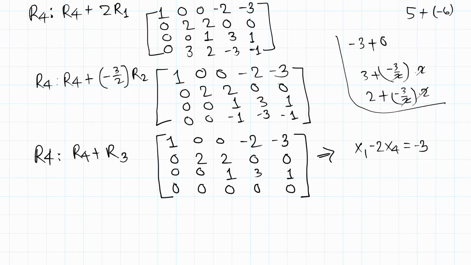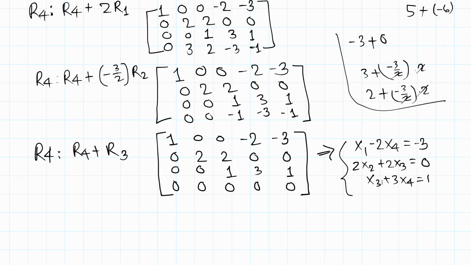Okay, we didn't change anything. And this one is 2 x2 plus x3 plus 2 x3 plus 0 x4, so 0. Third is x1 plus x2 plus x3 plus 3 x4 equals 1, and everything else 0. There is nothing else.